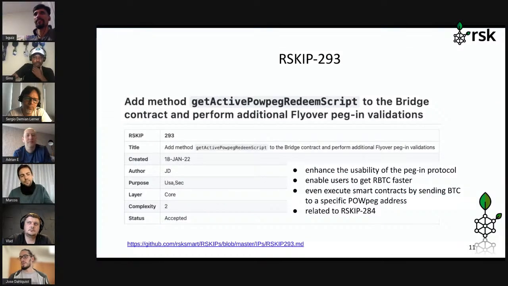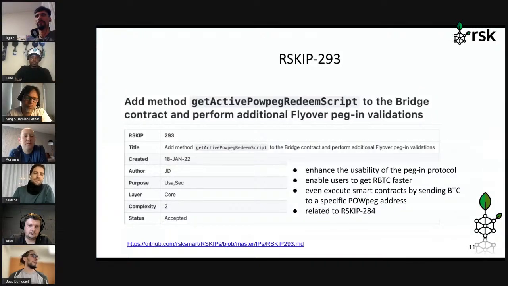Thank you. So the way this works is that a wallet that integrates Flyover will let a user indicate a contract and the data that needs to be executed on RSK. And simply by negotiating with the liquidity provider, they will get a Bitcoin address where to send the funds, and that will be it.